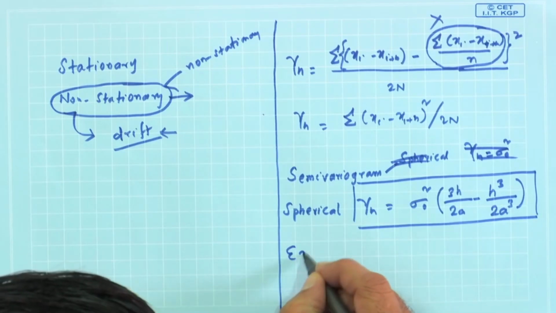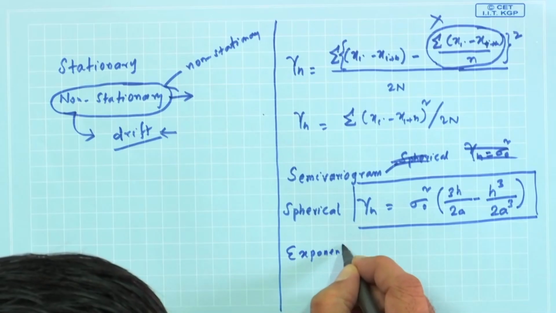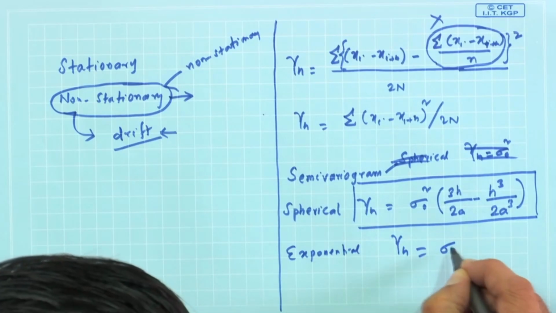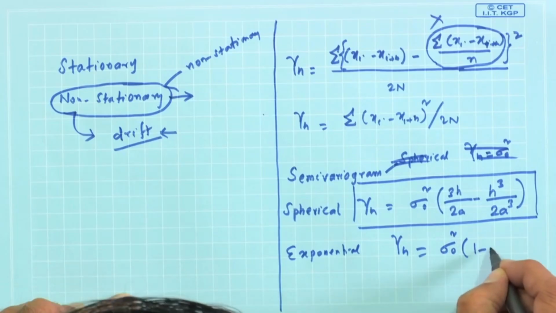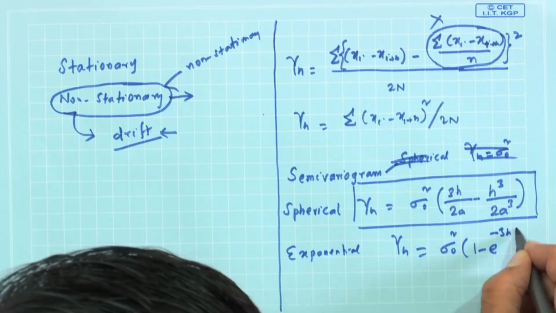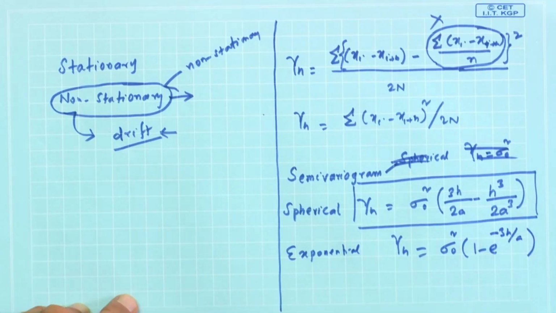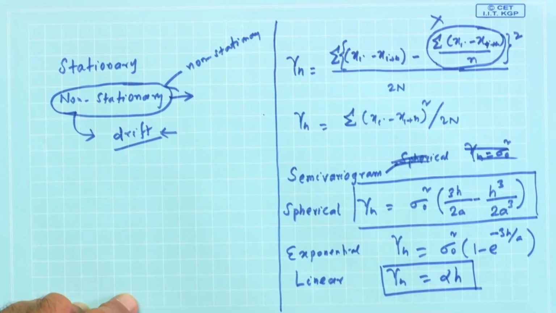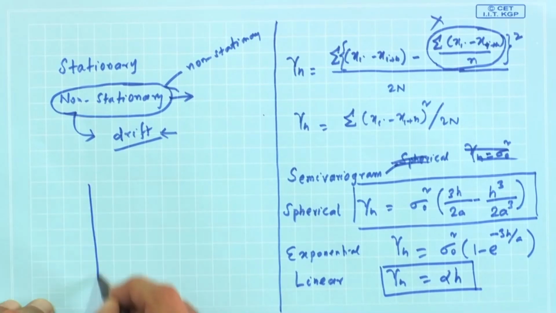A semi-variogram could also be an exponential semi-variogram, where gamma h could be sigma 0 square into 1 minus e to the power minus 3h by a, also in relationship to h and a. Or we could think of a very simple type of semi-variogram where gamma h is simply alpha h. That means it is just a linear situation like this.